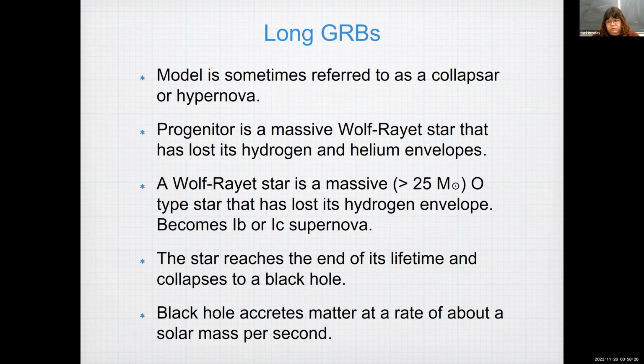It's one of the most massive type stars, O stars. The Wolf-Rayet star lost its hydrogen and, like I said, the helium too. At the end of its life, when it runs out of fuel completely, basically when it gets the iron core, it becomes either a type Ib or type Ic supernova.